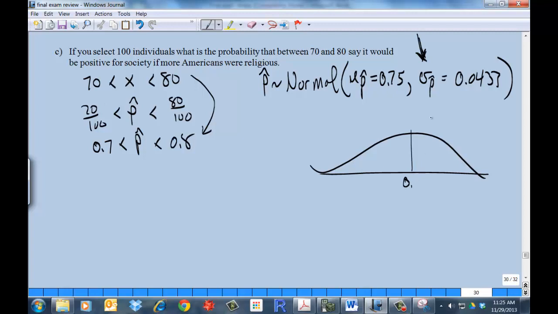So let's label the mean of the non-standard normal distribution as 0.75. And then we'll label our boundary points, 0.7 and 0.8.